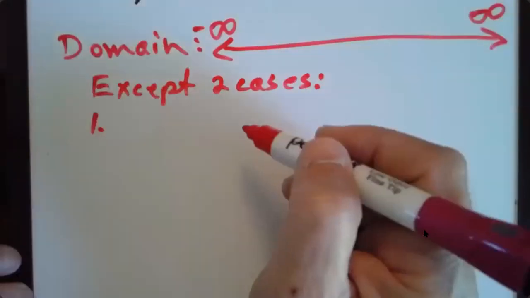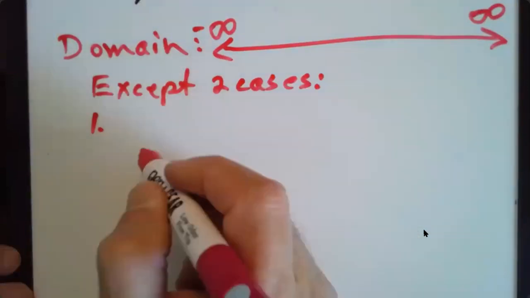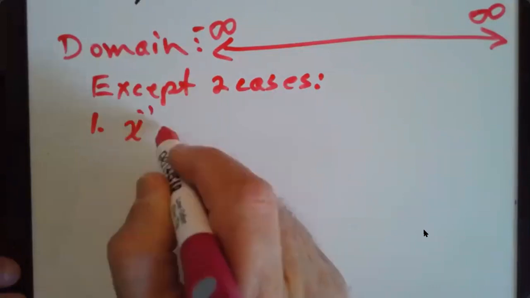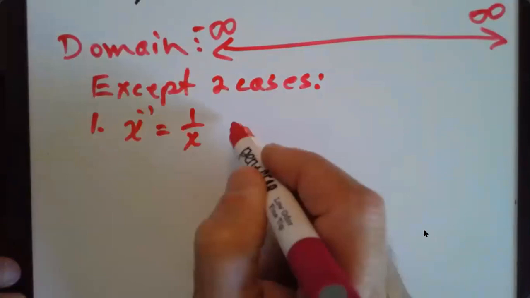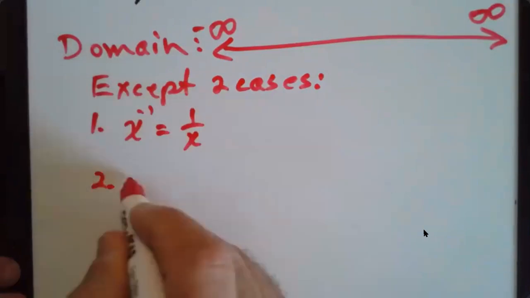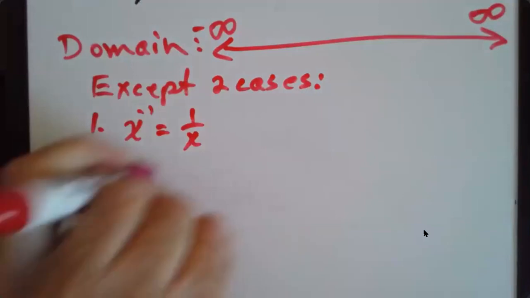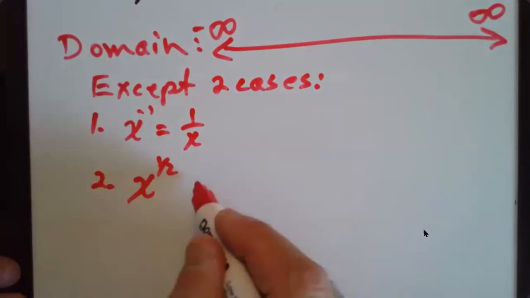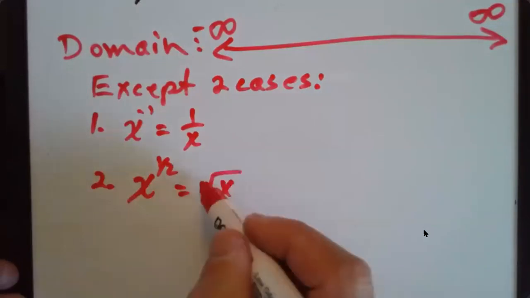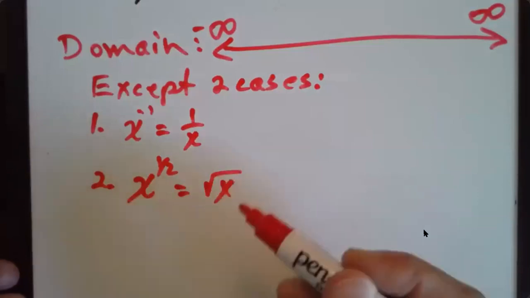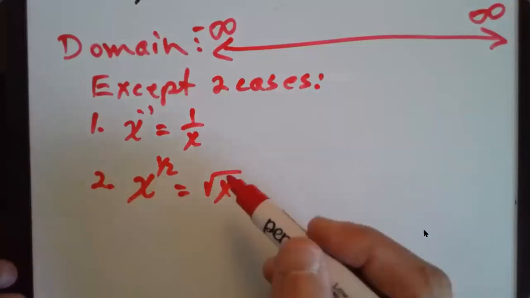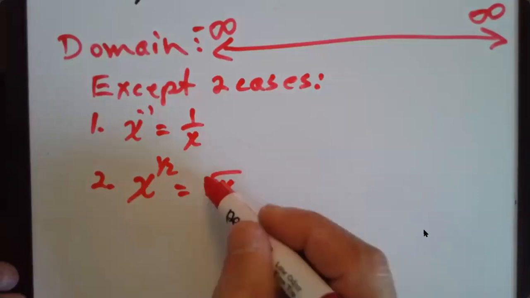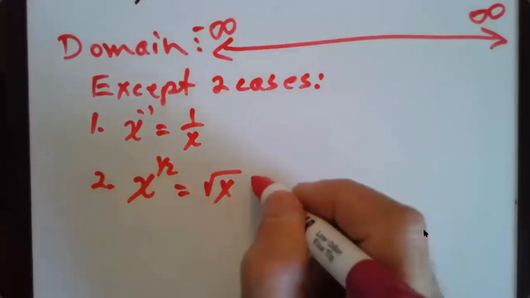If x is in the denominator, or negative exponent, 1 over x, and when x is in the radical, the one-half power, which is the square root of x, and it has to be an even root. If it's an odd root, that won't matter. In our questions we're only working with even roots, square roots anyway.